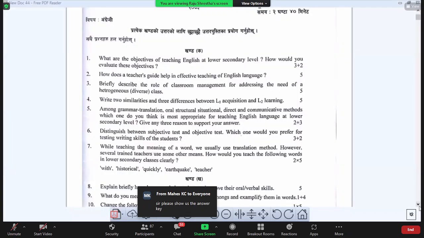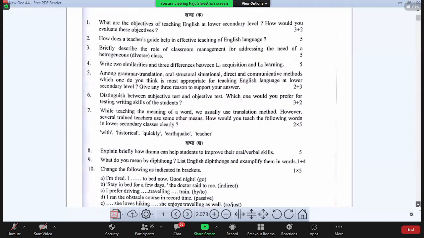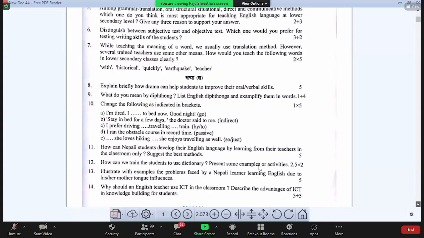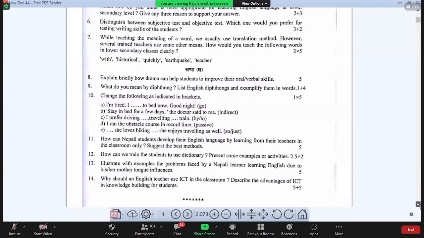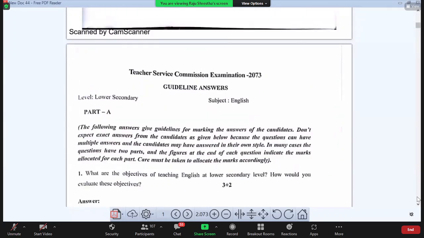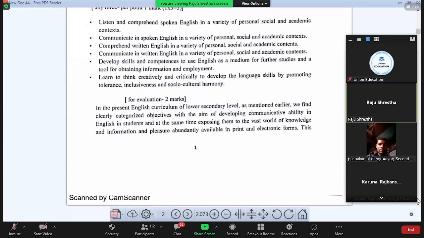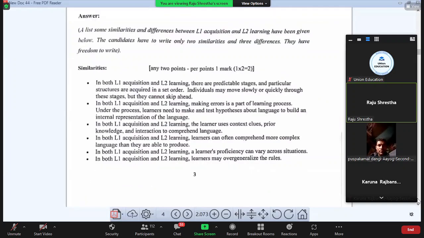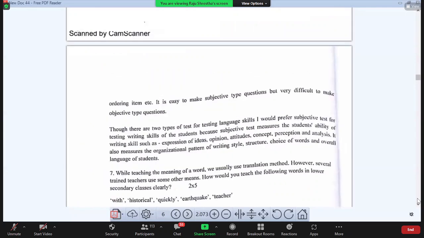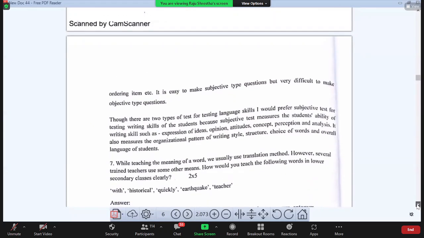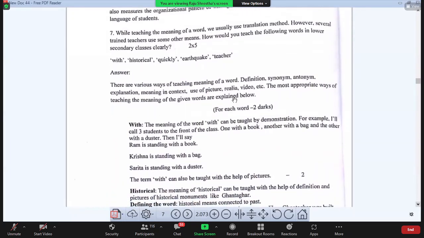Now in this question, this is the possible answer. And from the grammar part, it also asks about the type of change the following indicated in bracket. Let's see. The answer key, these are the possible ones. In this question the answer is like this.